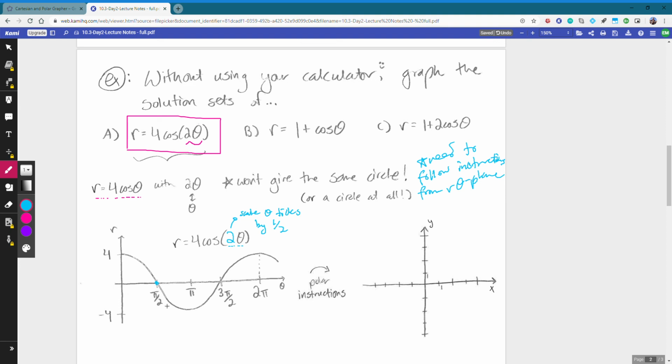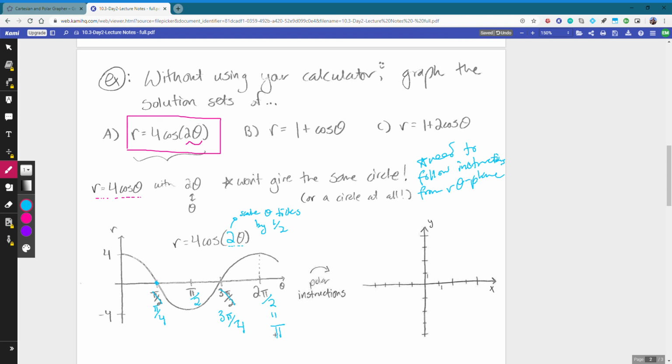And so here, instead of pi over 2, we'll get there at pi over 4. Instead of getting here at pi, we'll get there at pi over 2. Instead of getting here at 3 pi over 2, we'll get there at 3 pi over 4. And instead of getting here at 2 pi, we'll get here at 2 pi over 2, in other words, pi.